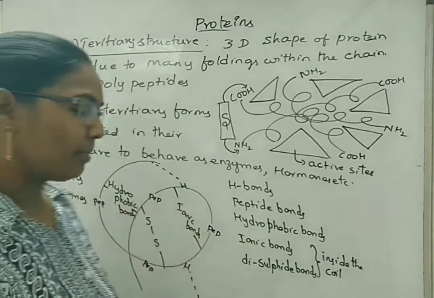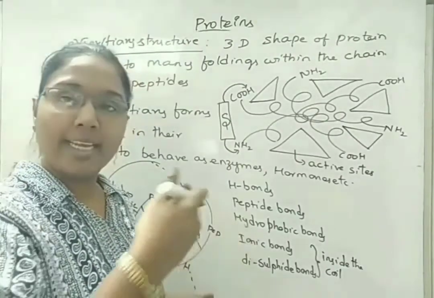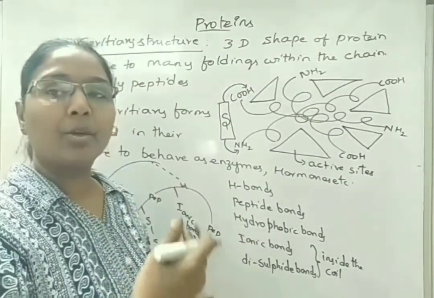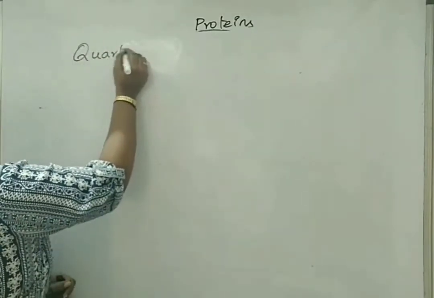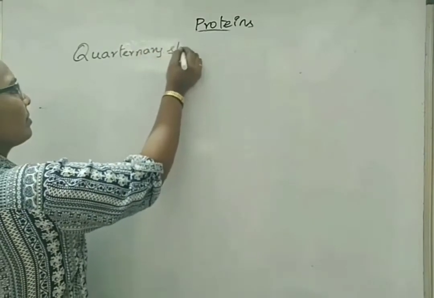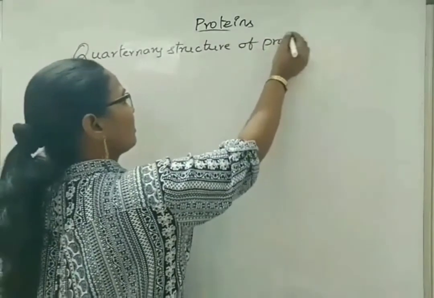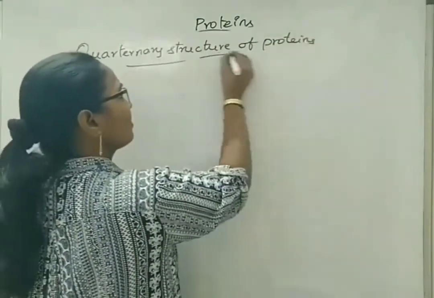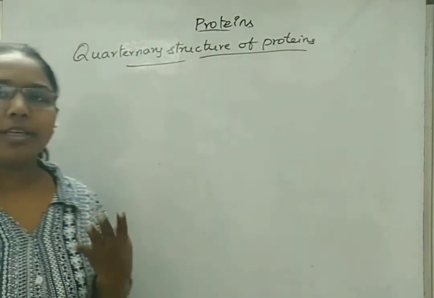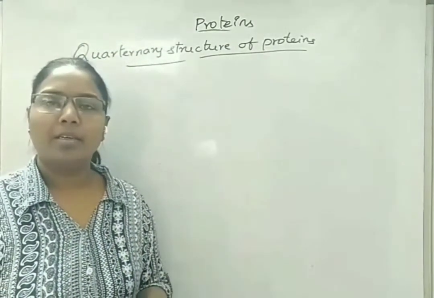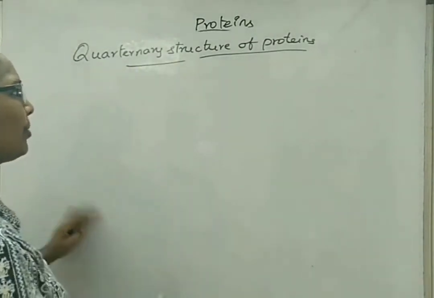But there are some types of tertiary structure of proteins which are specially functional, and they enter into the structural framing of quaternary structure of proteins. In the quaternary structure of proteins, four or more than four polypeptides are involved in giving out one complete functional protein.